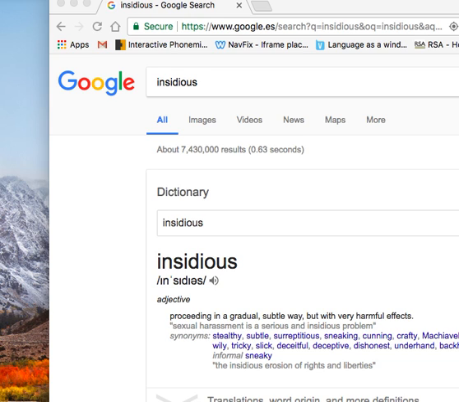So imagine something is moving slowly, gradually, subtle. If we go back to the sentence, we see that the writer used subtle in the sentence, but with very harmful effects. If something's harmful, it's doing damage.